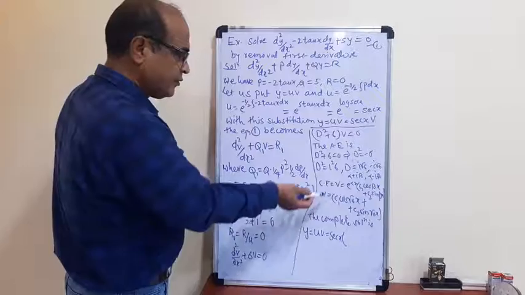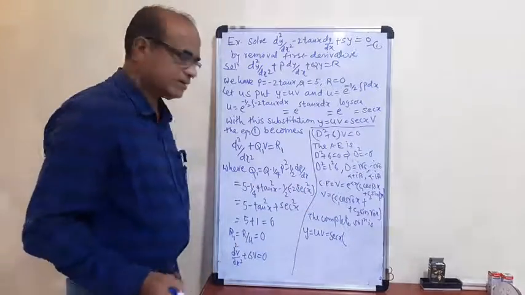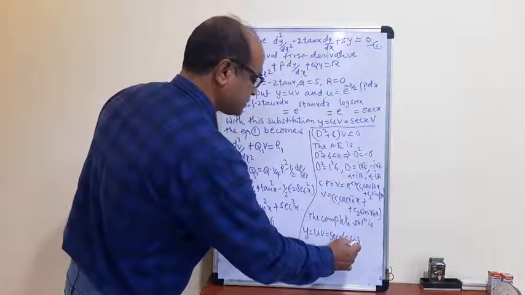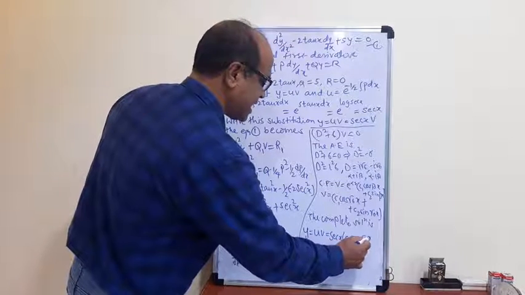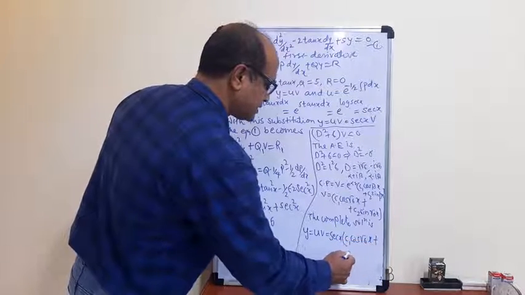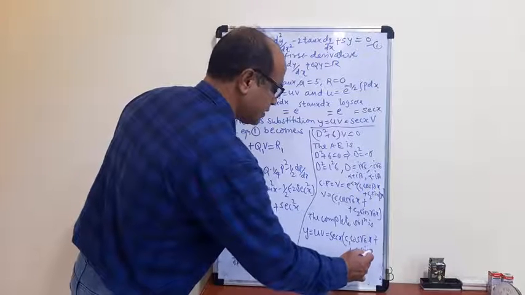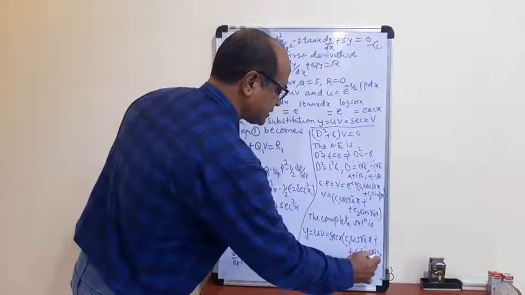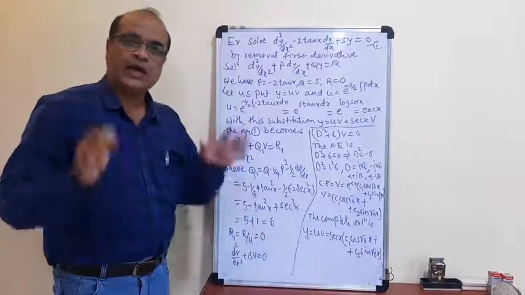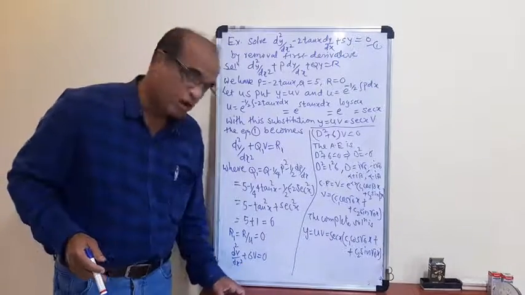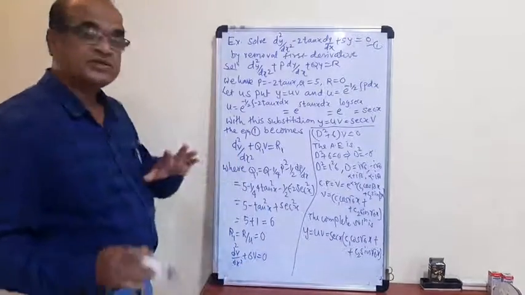What is v? v is equal to c1 cos root 6 x plus c2 sin root 6 x. So this is the complete solution of this second order differential equation by removal of the first derivative.